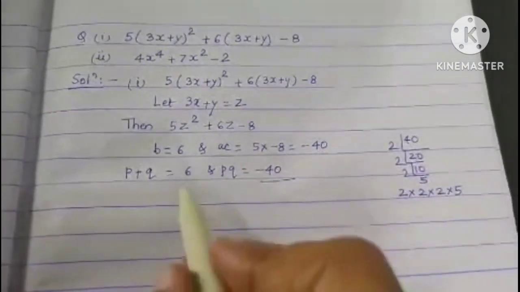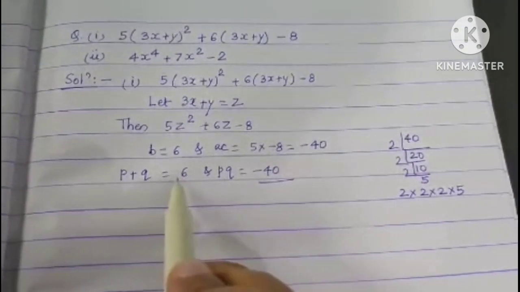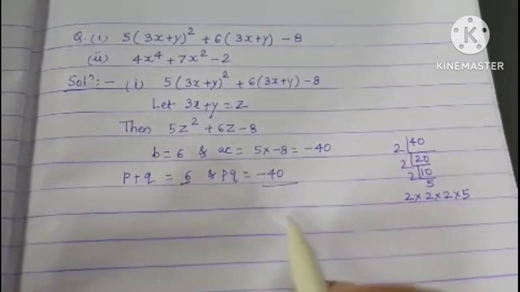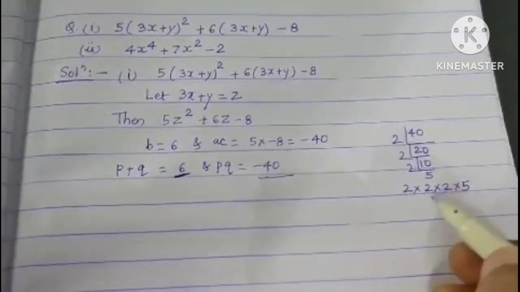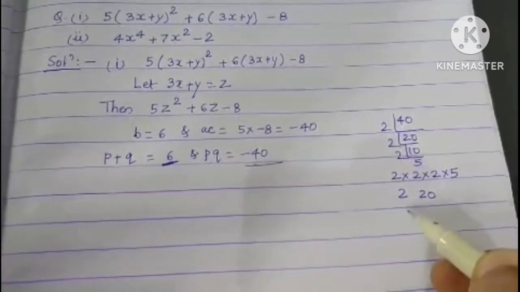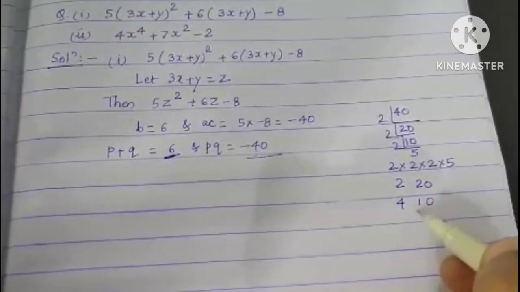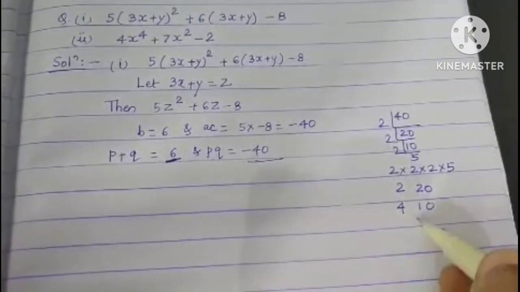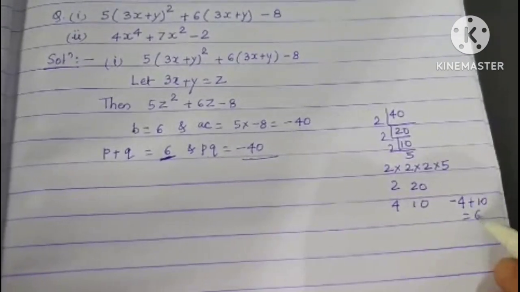Okay, now we have to pick two integers. Its multiplication will come, no problem, but we have to check the addition also. So if we take 2 and 20, it will not be of our use. If we take 4 and 10, I think it will be of our use, because when you do minus 4 plus 10, it will become 6.